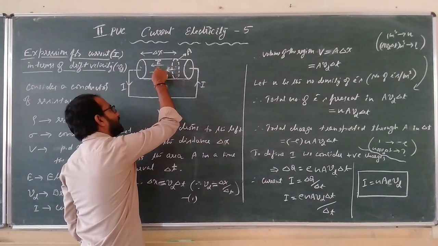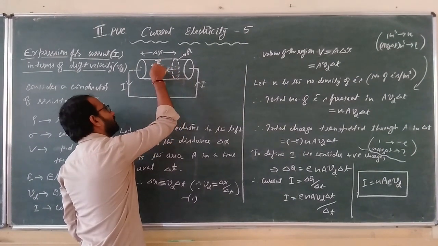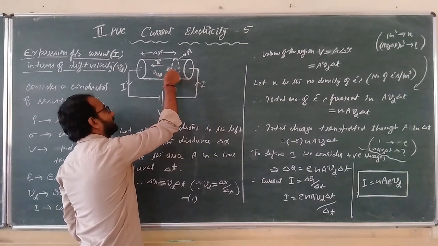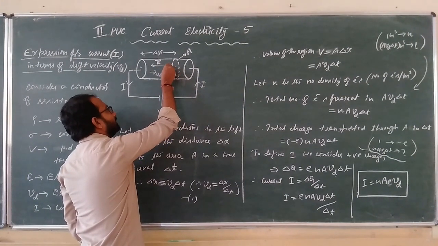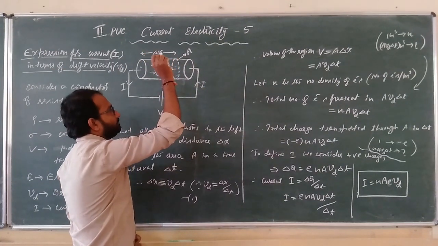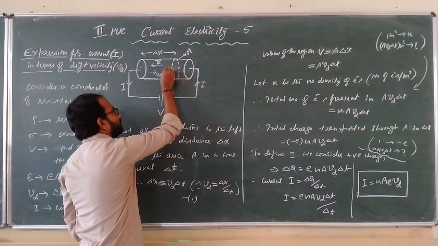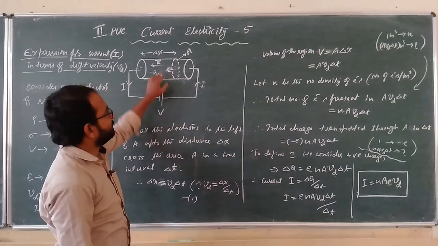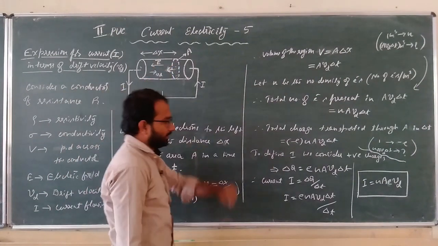Therefore, the area vector is parallel to E, or the area is perpendicular to E.